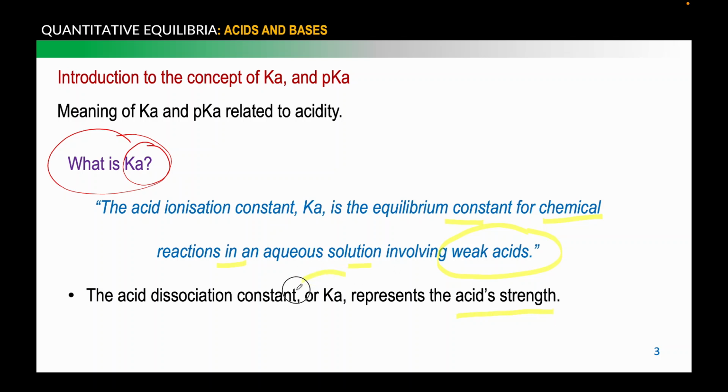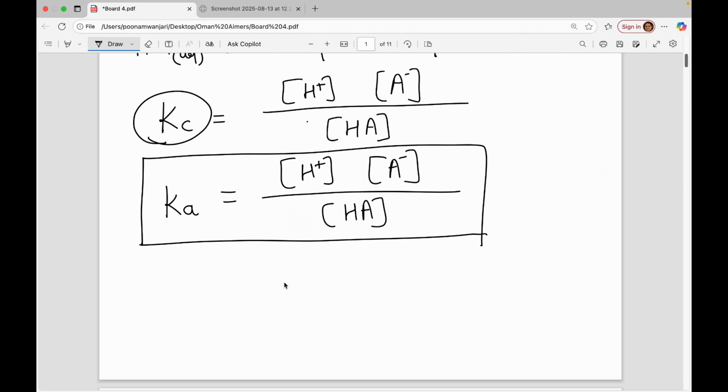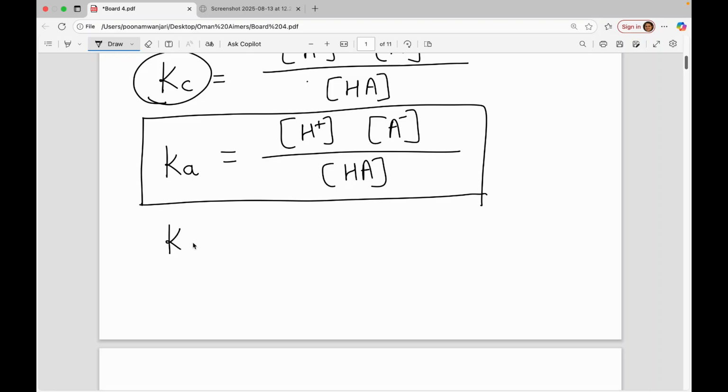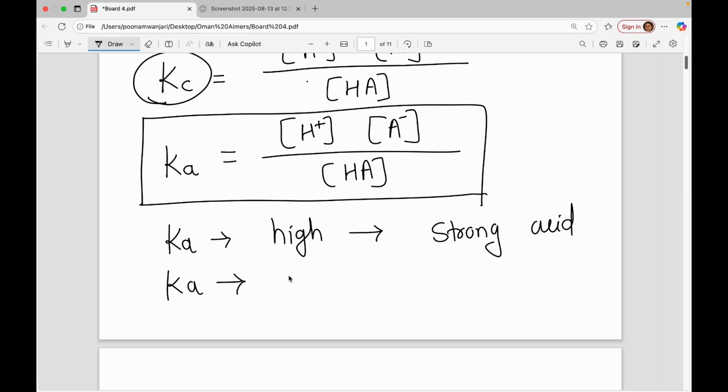You should know that when the Ka value, the dissociation constant value, is high, the acid is strong. When the dissociation constant is smaller, the acid will be a weak acid.